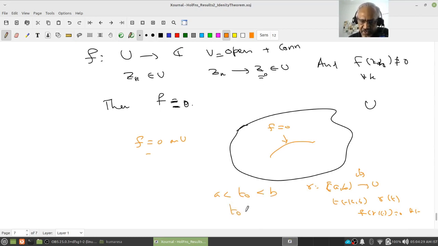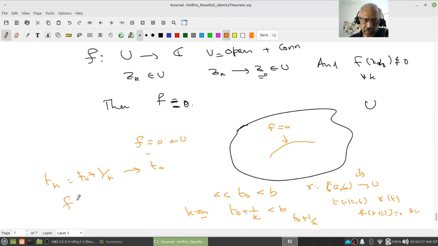Then for sufficiently large k, t_0 plus 1/k will be less than b. Call this t_k. Similarly t_0 minus 1/k, that converges to t_0. And remember, t_0 is still in (a, b).